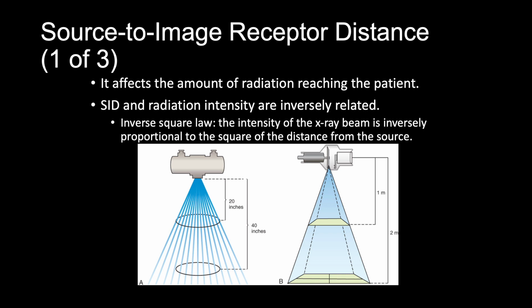Looking at the image here, SID and radiation intensity, beam intensity varies as a function of the square of the distance. So looking at A, this decreases the overall intensity of the X-ray beam reaching the IR, and B, as the SID is increased, the X-ray intensity is spread over a larger area.